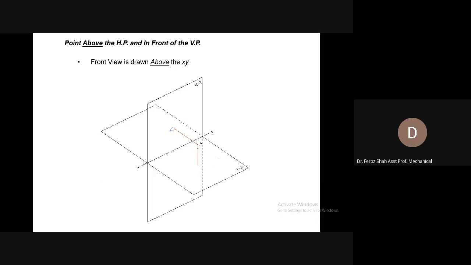So this point A could be referred from the XY reference line. You can see that this point will have at least two views. You can have more than two views, depending on the drawing entity. For a point, only one view would be sufficient because the other views will be similar to the first.